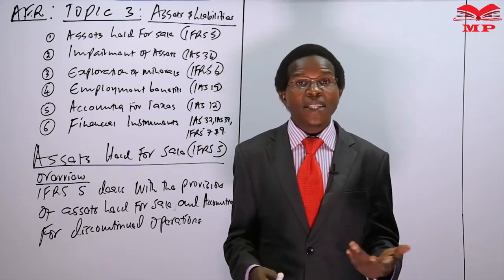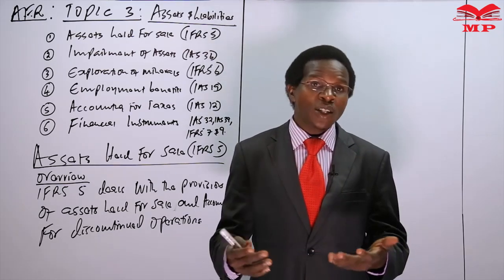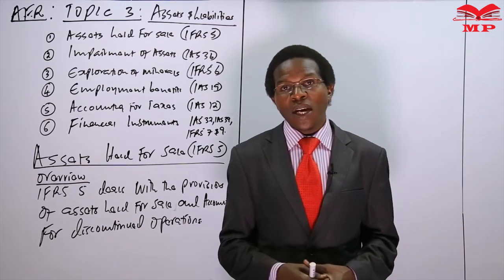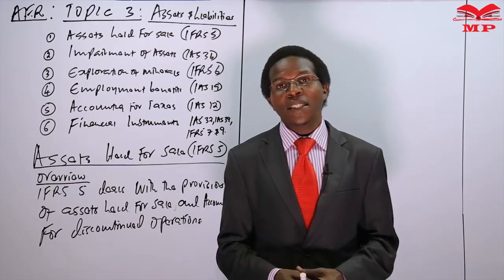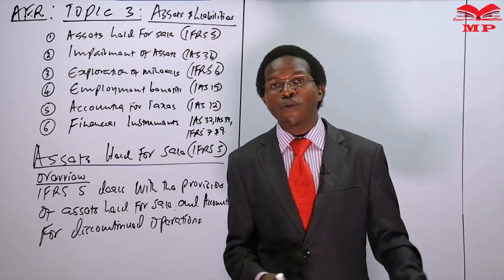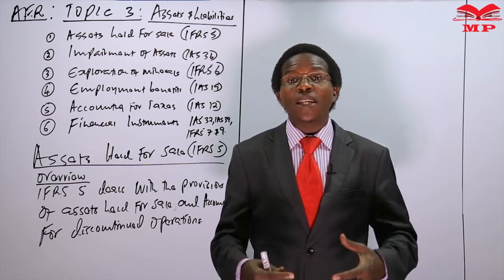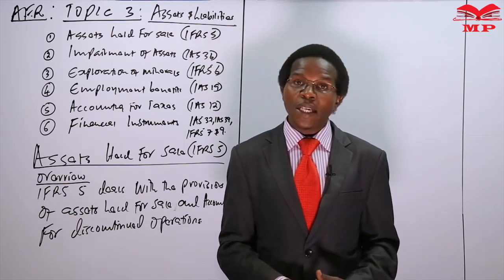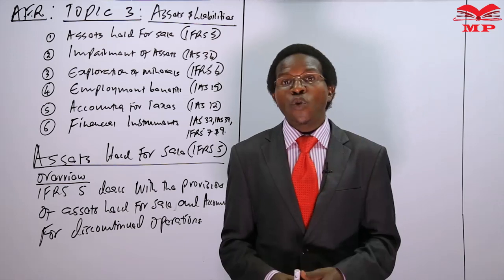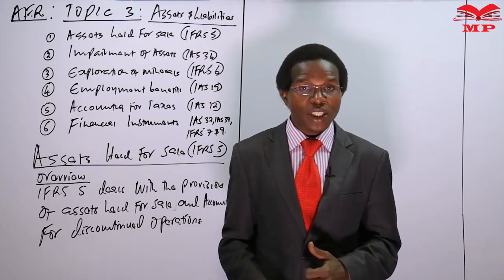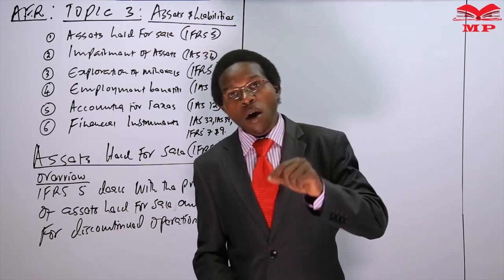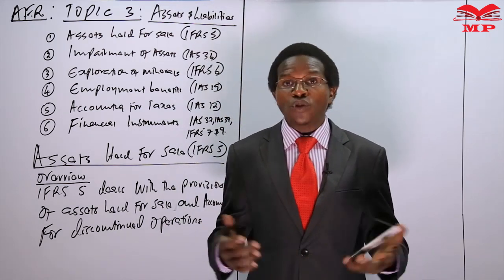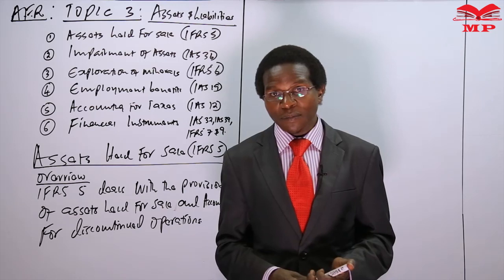So friends, remember we have talked about the assets held for sale, and basically what we have simply said, assets held for sale are those assets which the management had planned and made a decision, and are really engaged in selling. They are going around looking for a buyer, and they have decided to do away with the asset. This asset held for sale will be initially recognized and measured at the lower of the fair value less cost to sell and the carrying amount.